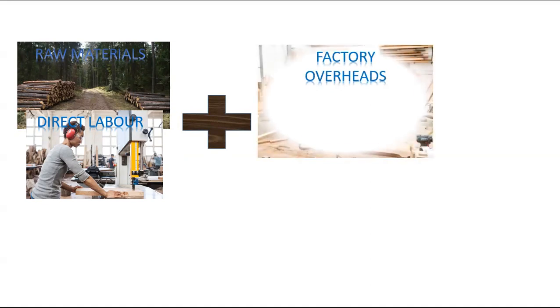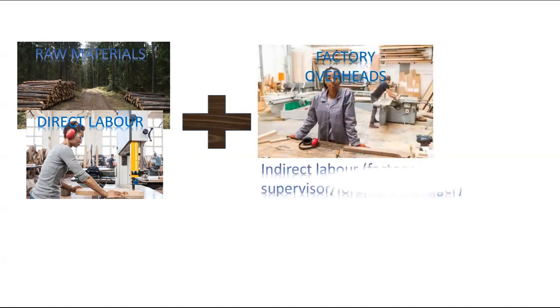What makes up factory overheads will be indirect labor, which is people that will normally supervise at the factory. We're talking about your factory supervisor, factory foreman, factory manager, factory accountant, or factory receptionist. All those people that are employed at the factory, we will only include the cost of employing them in the indirect labor costs.